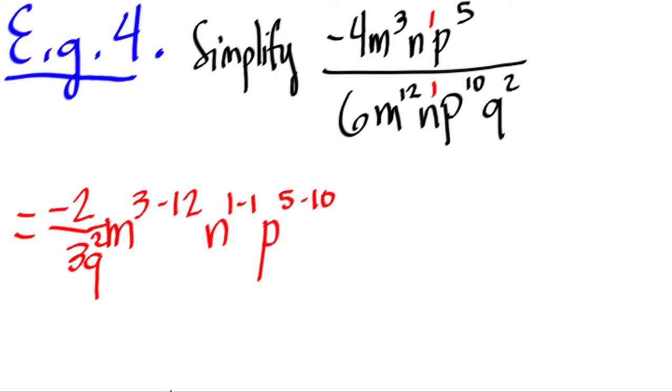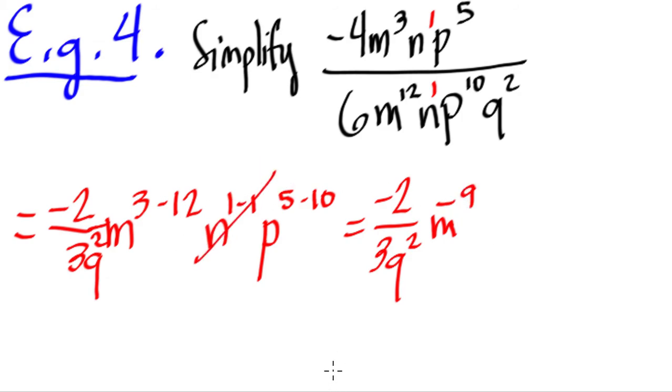Okay, so what we're going to do is actually operate this part here, the m, the n, and the p. So what we have is negative 2 all over 3q squared, and then m is going to be raised to 3 minus 12, which gives us negative 9. n raised to 0 is going to be 1, so we can just cancel that. p, 5 minus 10 is going to give us negative 5.